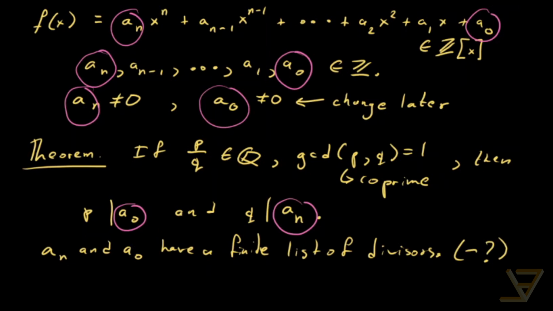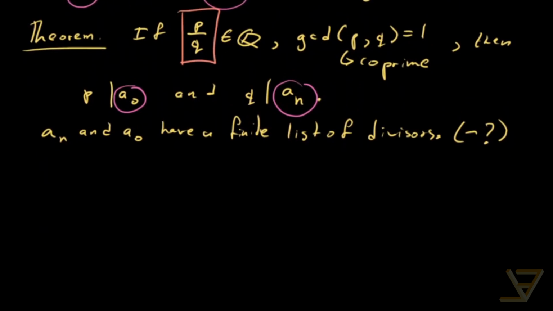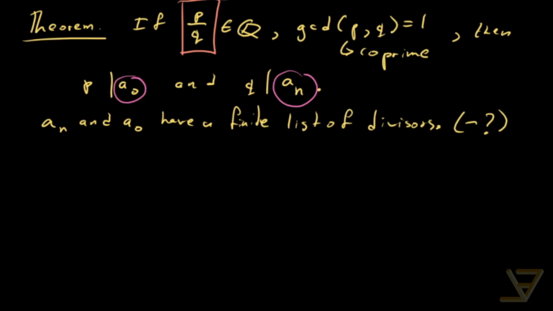So what this means is that you can iterate through all the positive and negative divisors of a_n and a_0 and find all of these rational numbers, p over q, divisors of a_0 divided by divisors of a_n, and that allows you to find all the rational roots, although not all of them will be rational roots. Some of them might be. There might be no rational roots at all, but at least you get an exhaustive method for finding any that do exist.